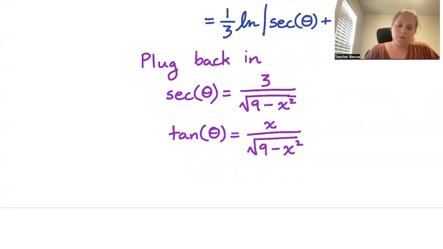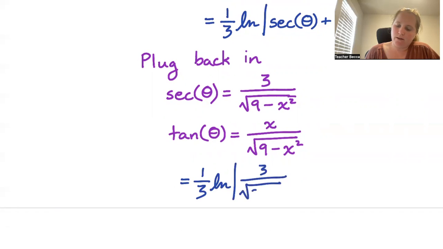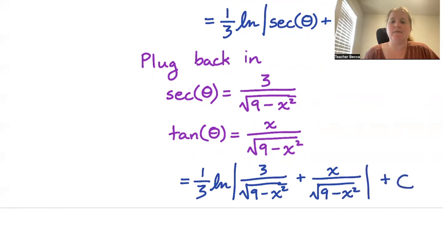And so we wind up with our indefinite integral equal to 1/3 times the natural log of the absolute value of 3 over the square root of 9 minus x squared plus x over the square root of 9 minus x squared, and plus c.